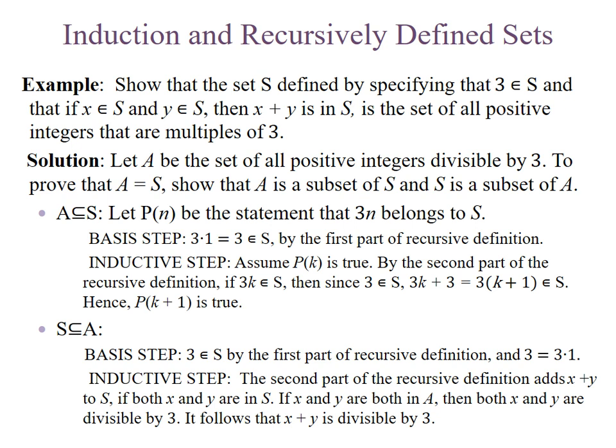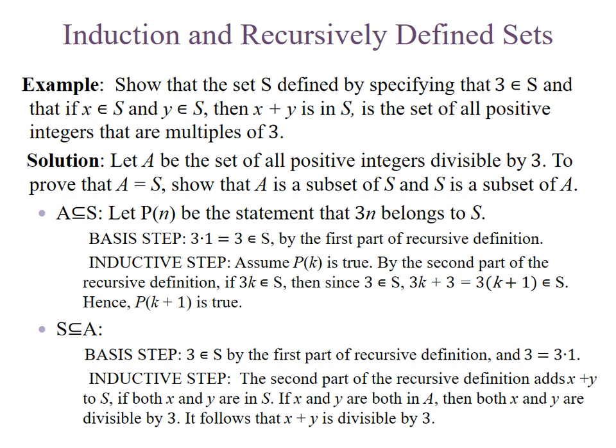For the inductive step, for our recursive definition, we add x plus y in S, x and y in S. Okay, so in this case, we assume that x and y follow the properties. If x and y are also in A, then how to derive that x plus y is also in A?